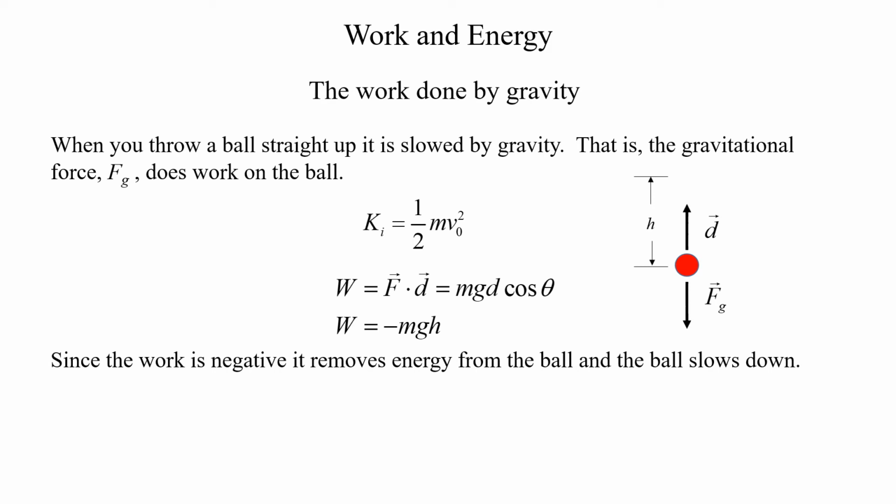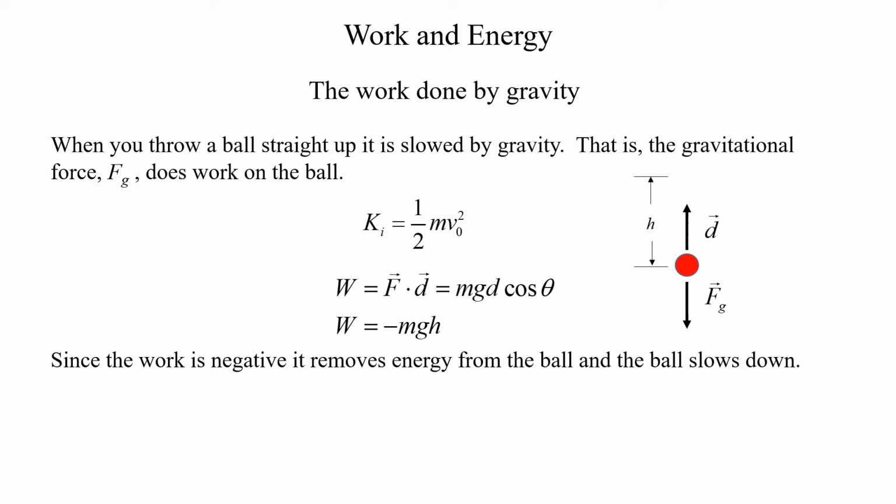Now, as it goes up, the gravitational force points down toward the center of the Earth, but the displacement is up. It's moving upward. So when I find the work done by gravity, I take the gravitational force dotted into the displacement, and that, of course, gives me mg times the displacement times the cosine of theta.